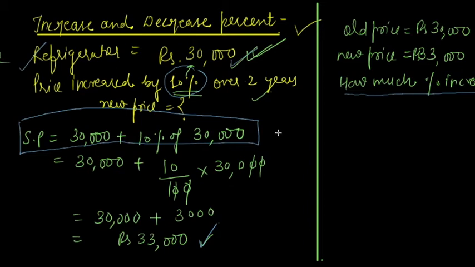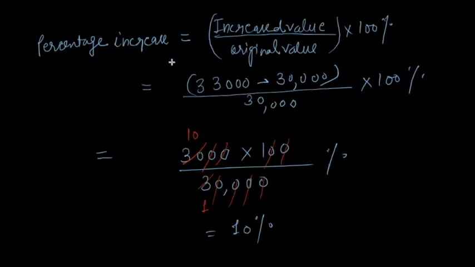Now I have just made a little change in the question in the manner that the old price is given to you, new price, and I am asking you to calculate what is the percentage increase. So for that we have written this formula. Percentage increase will be increased value upon original value into 100%, and this again gives you 10%. I hope this is clear.